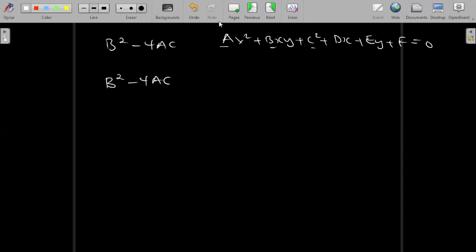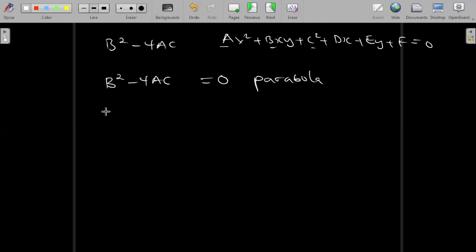If the value that you get is 0, then you know that the equation given in the question is an equation of a parabola. As we saw in this assignment, it is indeed an equation of a parabola, and we worked it out to confirm.